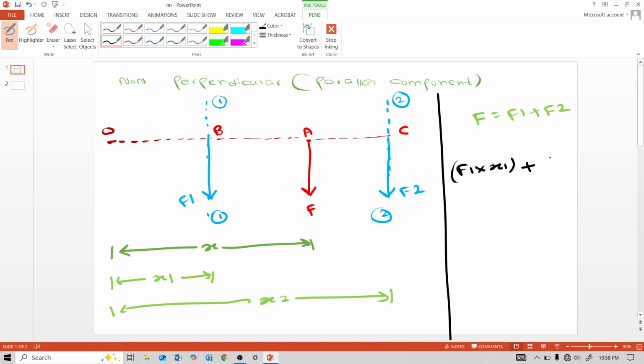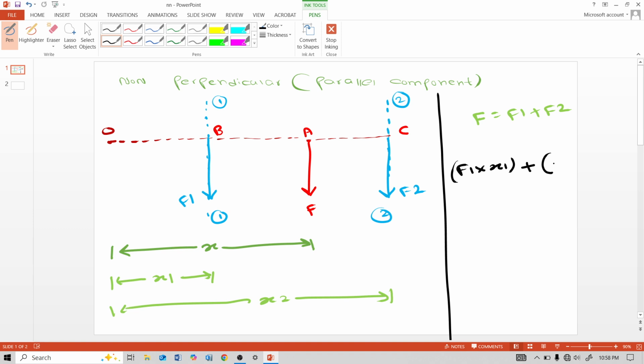Again plus, now consider the second parallel component F2. This F2 parallel component also acts around point O in a clockwise manner, and the perpendicular distance between the F2 force and point O is x2.